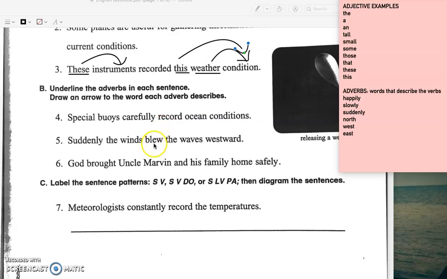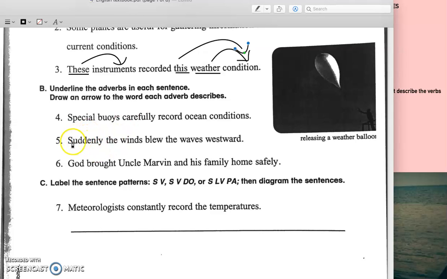The verb is to blow. Blew is the past tense of blow. So how are the winds blowing? Suddenly it blew. So that is our adverb. Where did it blow? It blew westward.